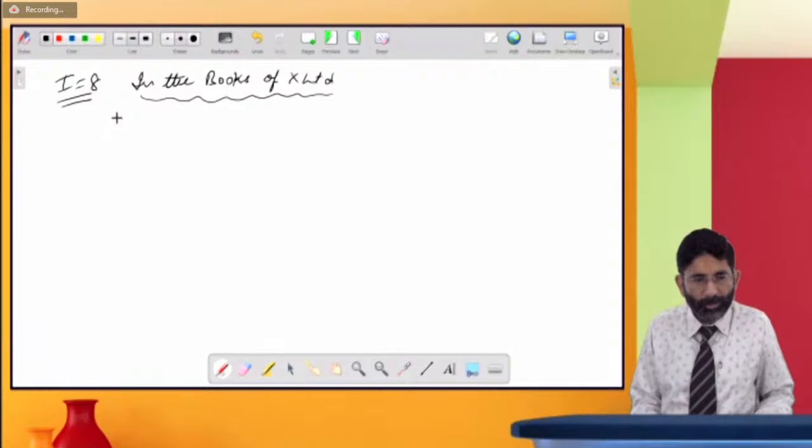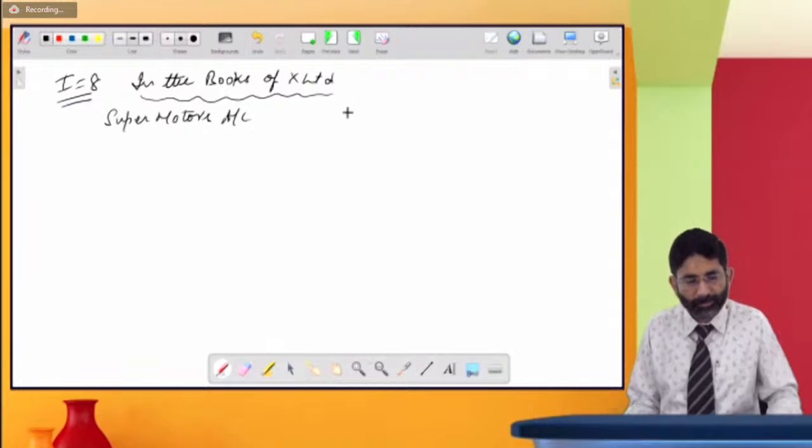So first of all, we have to prepare the Super Motors account. Second, we have to prepare the asset account, that is the scooters account.